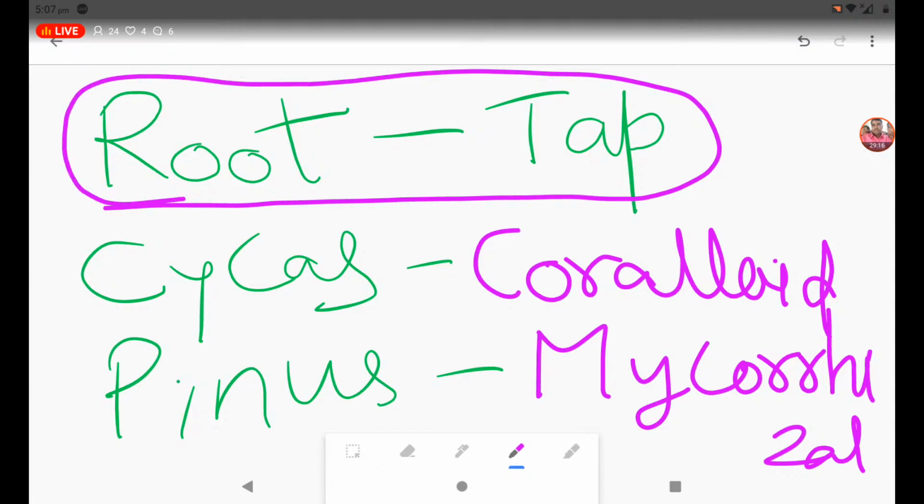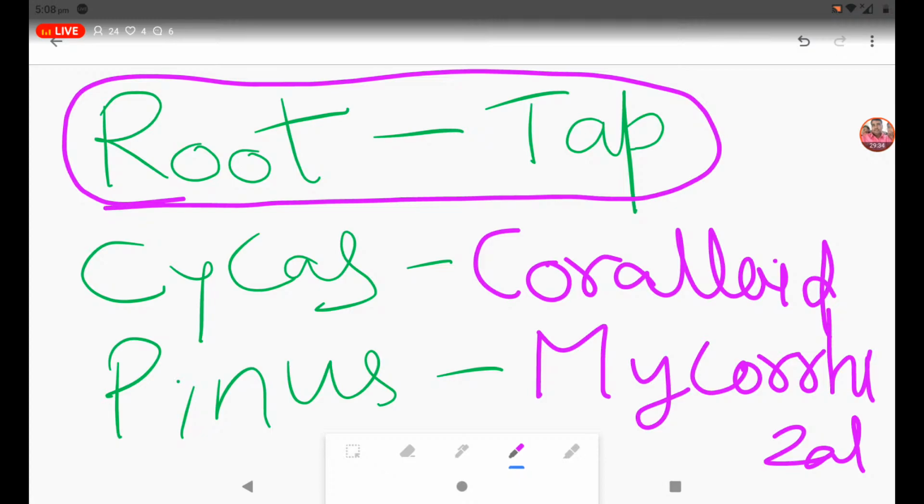In Cycas, especially the coralloid roots grow apogeotropically and have a symbiotic association with Nostoc and Anabaena. In Pinus, the roots have an association with fungi, called mycorrhizal association.